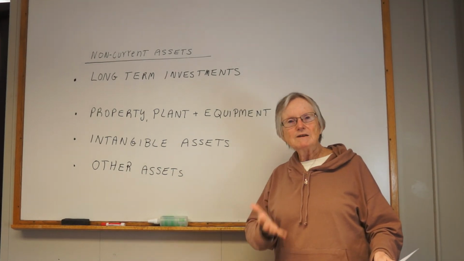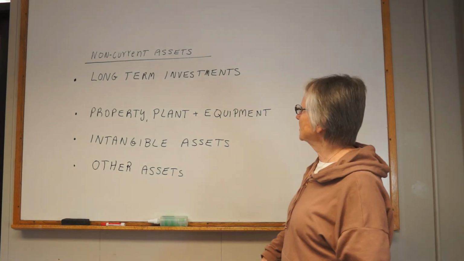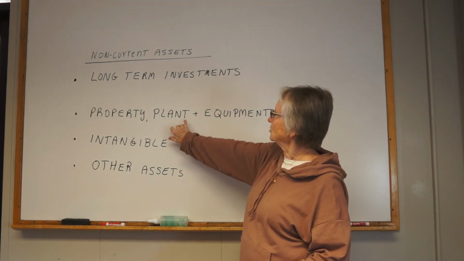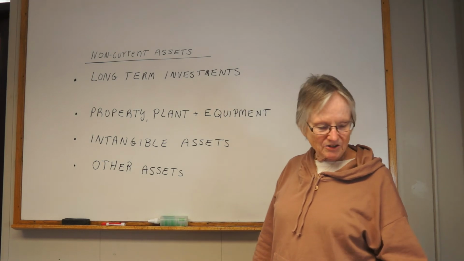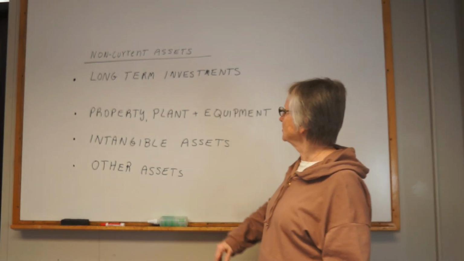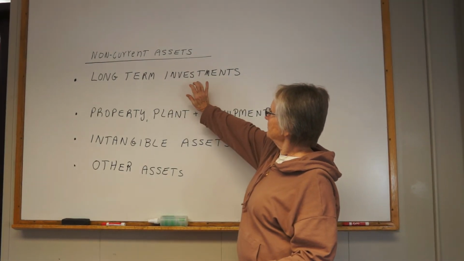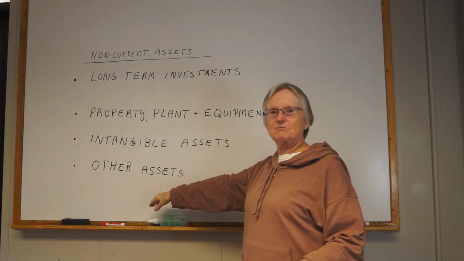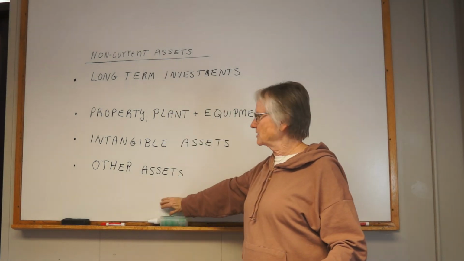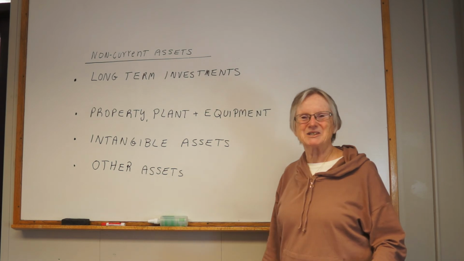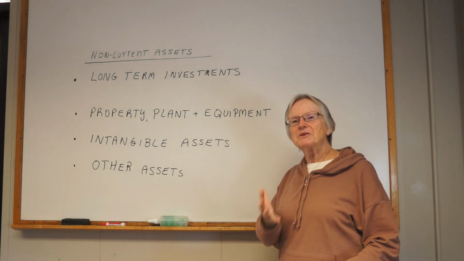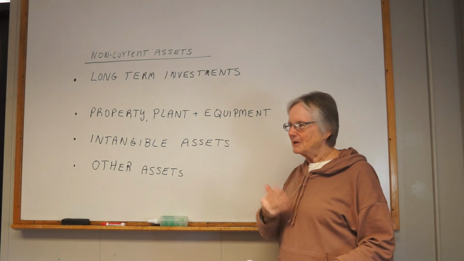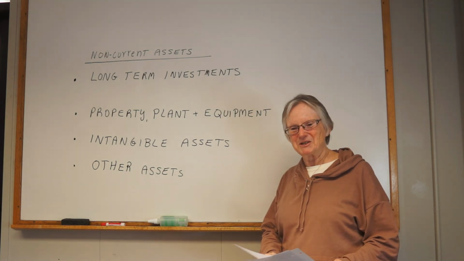So you can have the same piece of land, and if it's used in our current operations, it would be property, plant, and equipment. If it were just idle land, maybe held for speculation, it could be an investment. If it was kind of idle land we just didn't know what to do with, we might just classify it as an other asset. So there's a lot of thought that goes into how to classify all these different items.